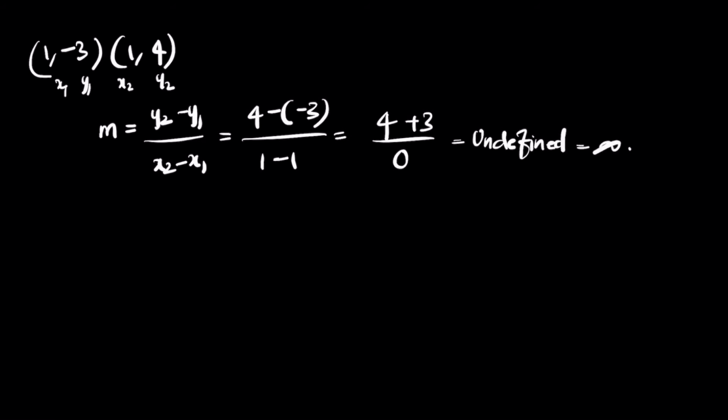Because m is infinity here, when you take the form y minus y1 equal to m into x minus x1, we cannot actually solve this equation. So one way of doing this is by using horizontal or vertical lines.